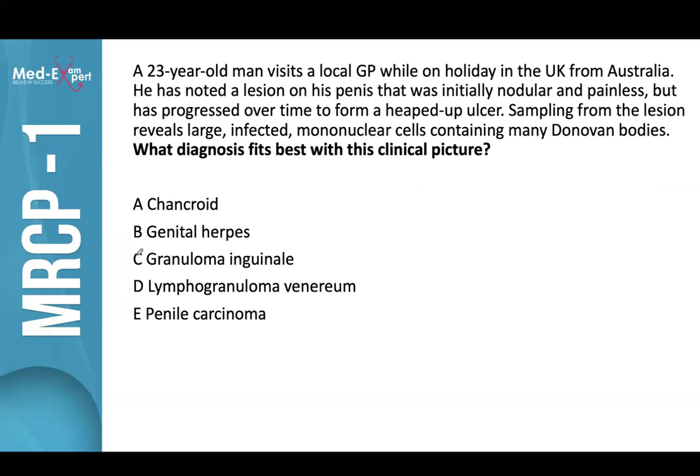A 23-year-old man visits a local GP while on holiday in the UK from Australia. He noted a lesion on his penis, which was initially nodular and painless, but has progressed over time to form a heaped up ulcer. Sampling from the lesion contains mononuclear cells containing many Donovan bodies.